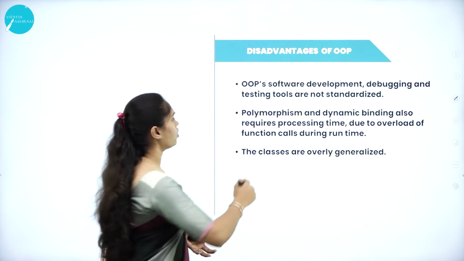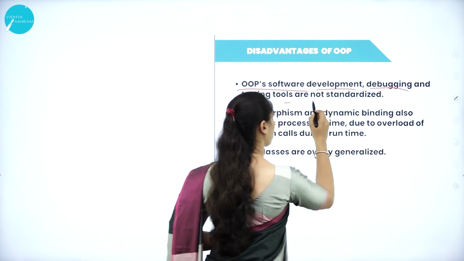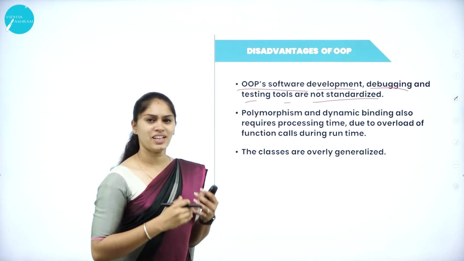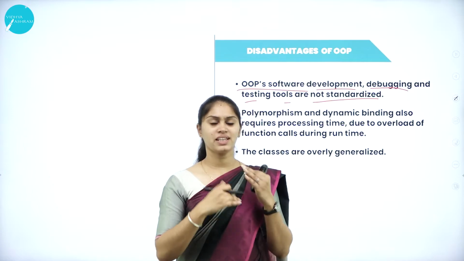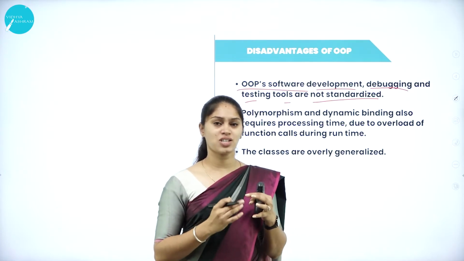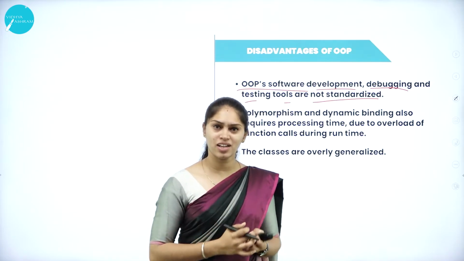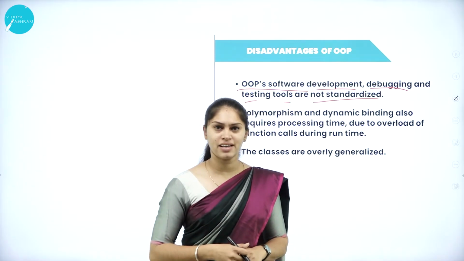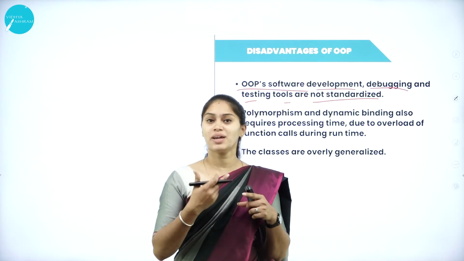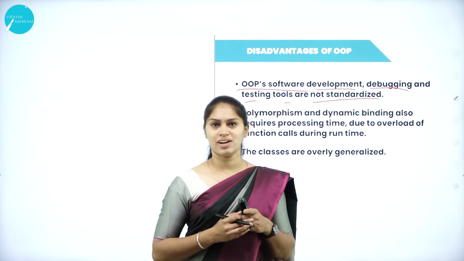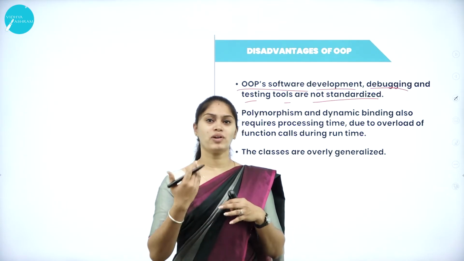Next, OOPs software development, debugging and testing tools are not standardized. So there will be more flexibility. There is no restriction over using the concepts, or over using any testing, development or debugging tool. If there is no standardization, there will be a huge amount of flexibility, which can also be considered a disadvantage. What happens if there are no traffic rules? There will be more accidents.